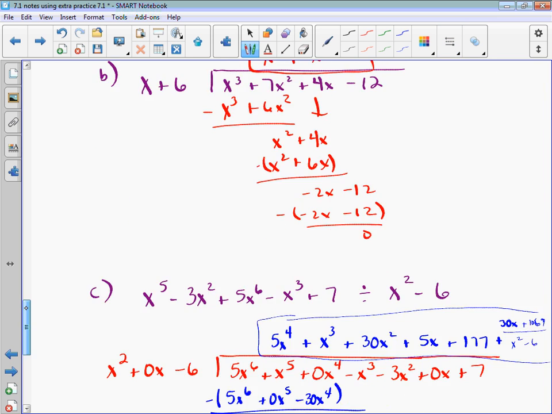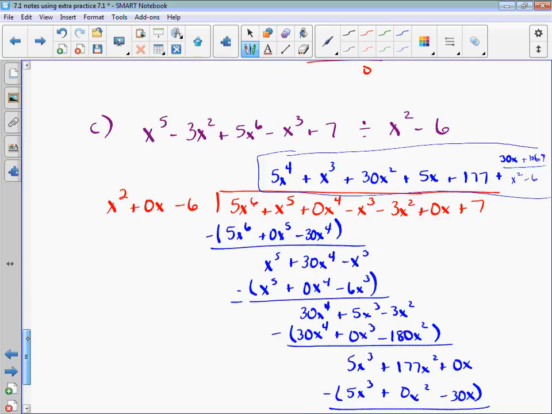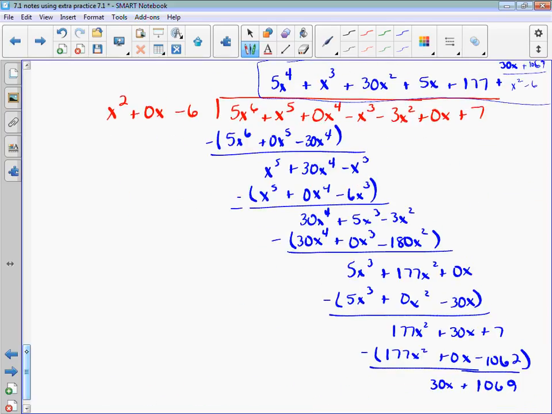All right, any questions on that one? Obviously, not messing up your signs is pretty key, because once one sign is off, everything is wrong after that. These are not fun to grade.